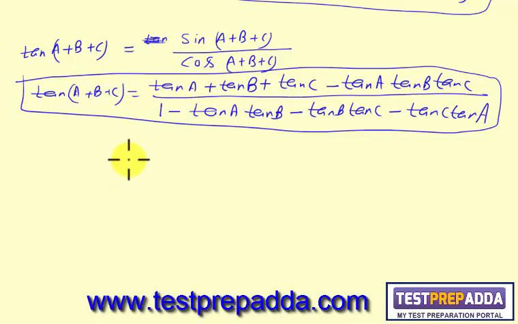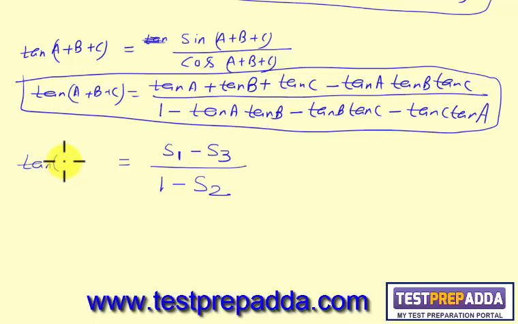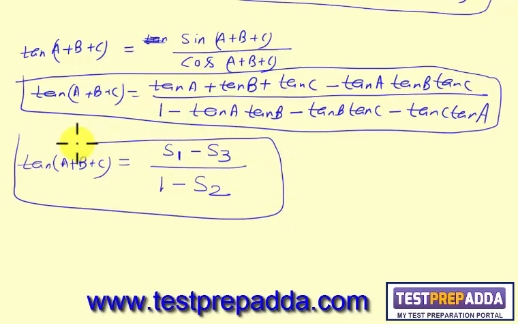So I can write this as S1, it involves one term, minus I can write S3. S3, you can see three angles multiplication, tan A, tan B, tan C, upon I can write here 1 minus S2. So tan A plus B plus C can also be written as S1 minus S3 upon 1 minus S2.